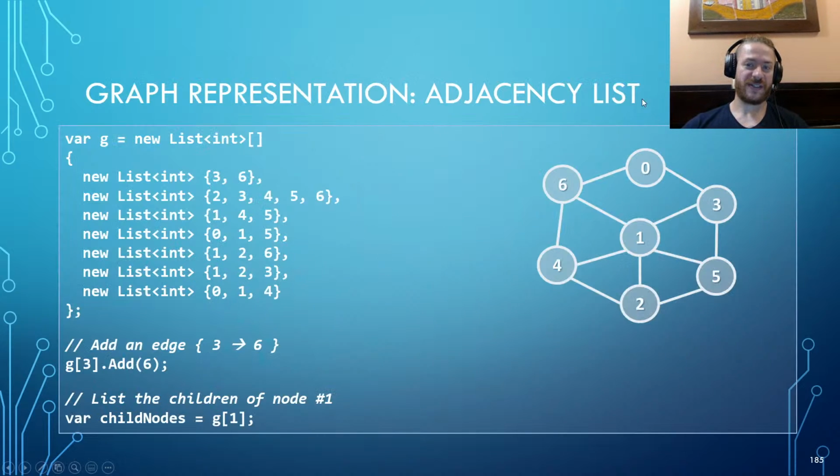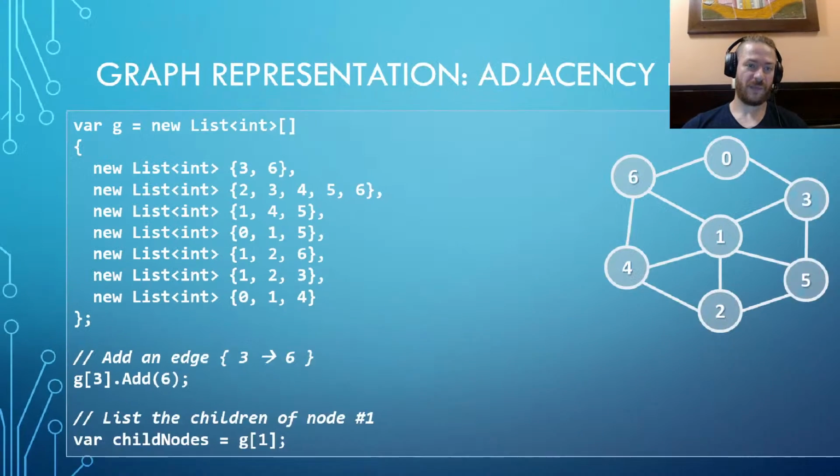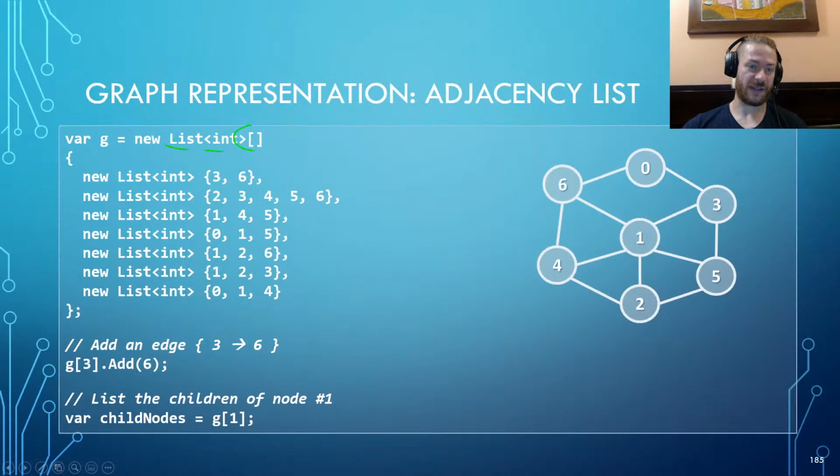Here's an adjacency list of this graph. We have a list of int as an array and store all the connections. The 0 is connected to 3 and 4. The first is connected to 2, 3, 4, 5, 6. Here it is. The second is connected to 1, 4, and 5.